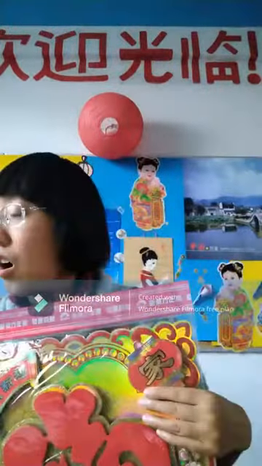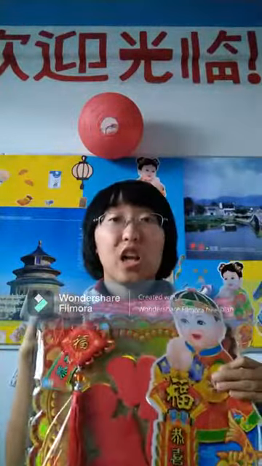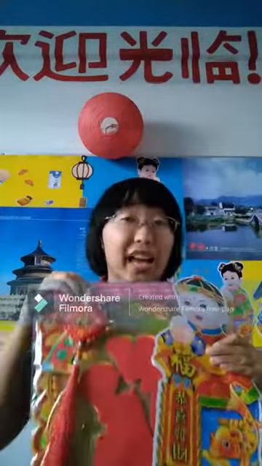So through showing the students these decorations, we can also teach the students about this character and the Chinese culture related to this character.